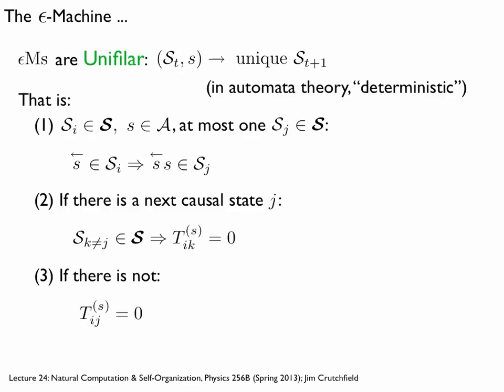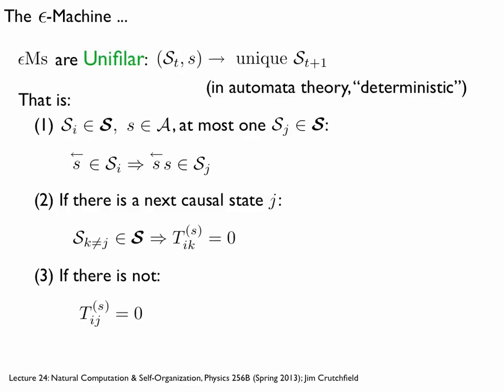Okay, so what does this mean? Now we have to say what this property is more formally. Assume we're in state I, and then we observe some symbol. What does it mean that we see at most one successor causal state? Well, it means that if I'm in this causal state I, I pick one of its histories.